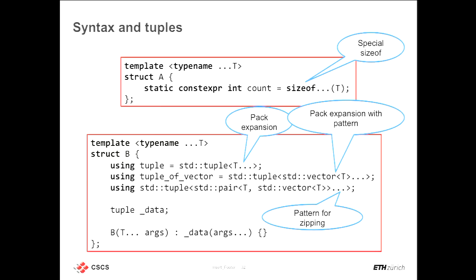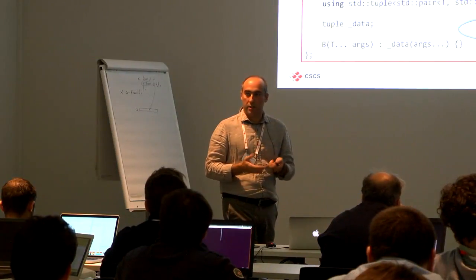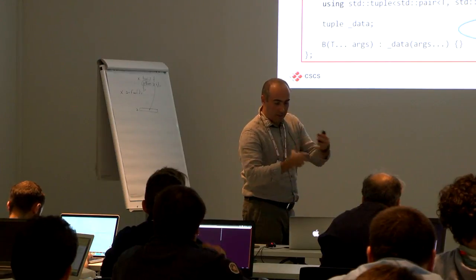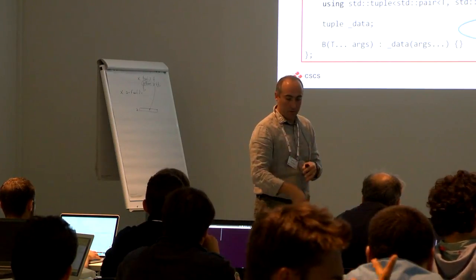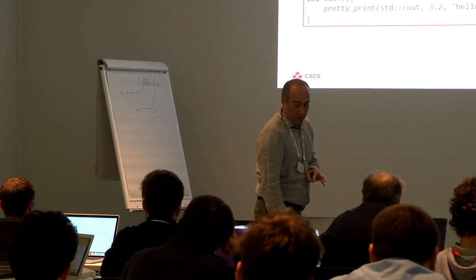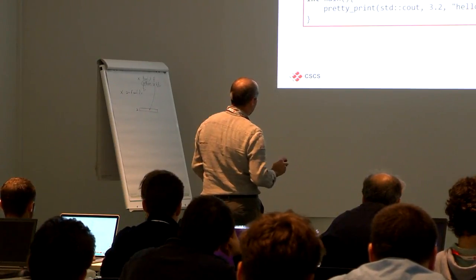Is it kind of clear how the syntax works? This is just a matter of syntax, basically. And the type substitution, I mean, the string substitution should be fairly clear. Let's see it in action.